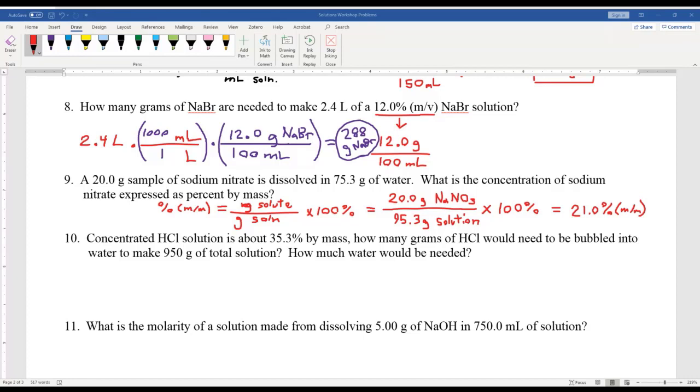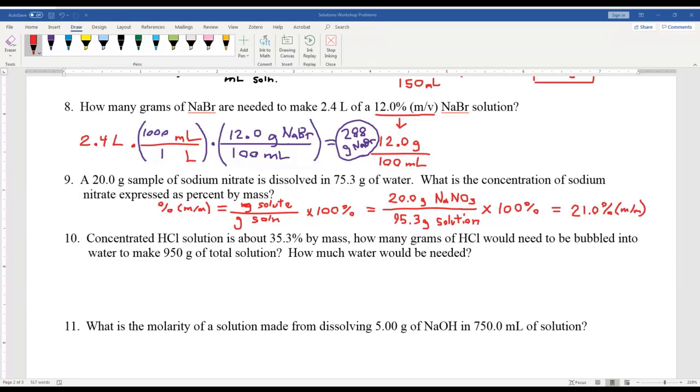Now let's try number 10. Would you all like to take a stab at number 10 on your own, and then we can come together after you've had a chance to work it out? You don't want to try by yourself, you want to just go over it together. How about the rest of you?